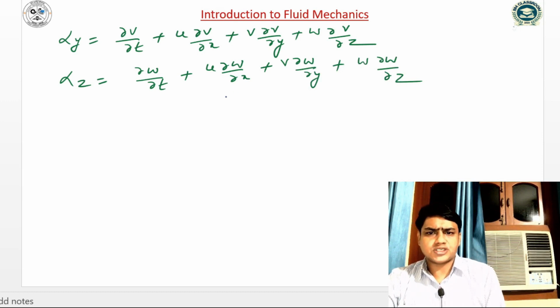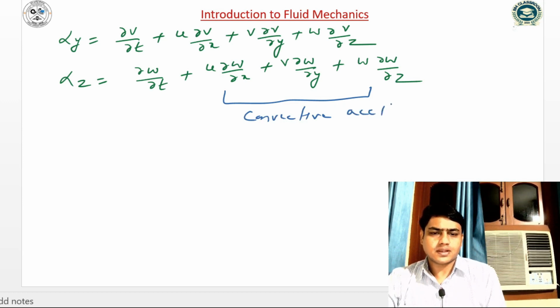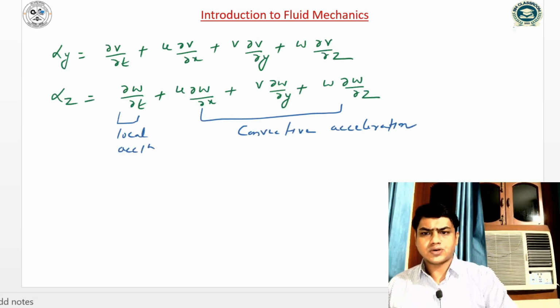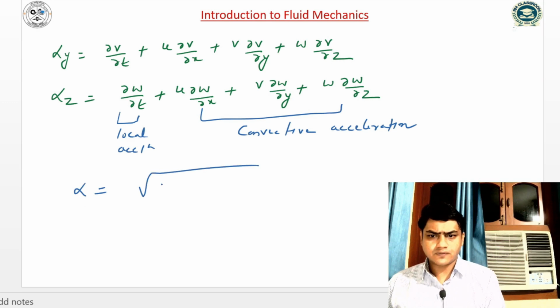So we have also discussed the convective acceleration and the local acceleration. The total acceleration alpha is equal to square root of alpha x square plus alpha y square plus alpha z square.